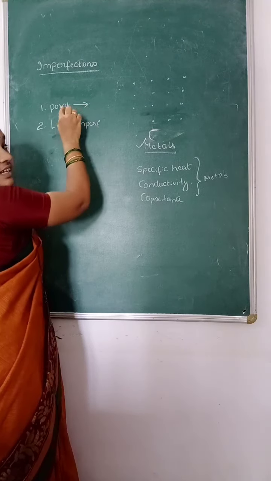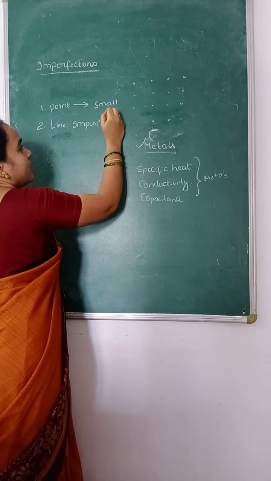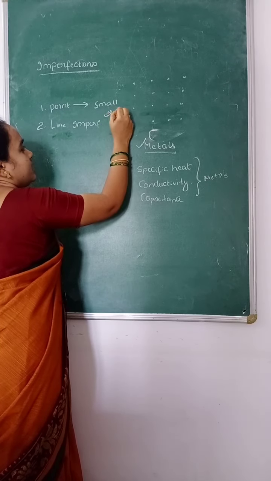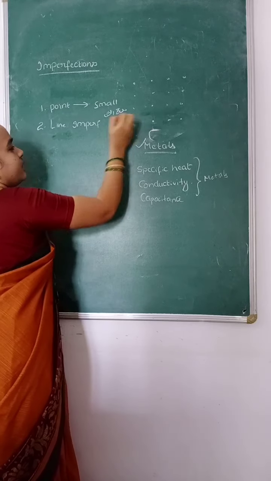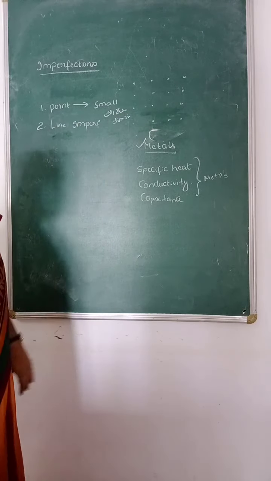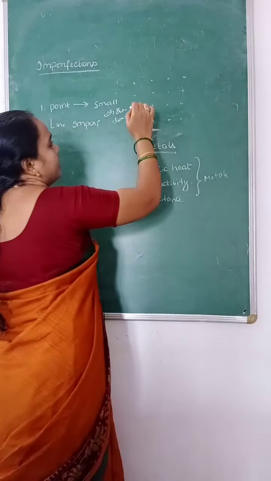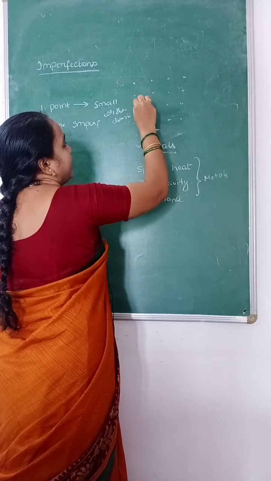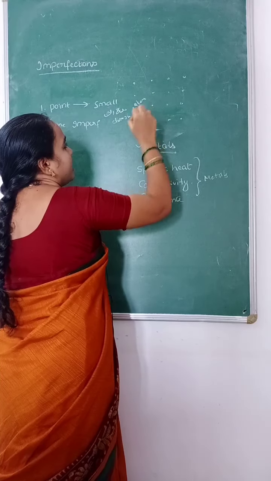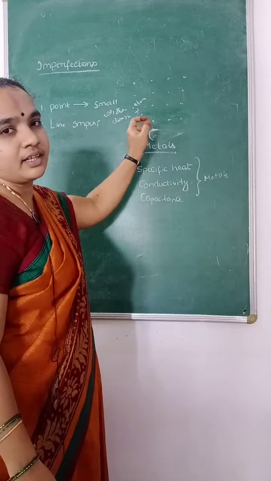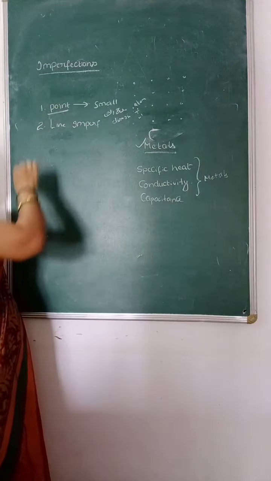The name itself indicates it is a point, a small imperfection, or zero dimensional. This arises due to the missing of an atom at a lattice point, or the missing of a positive ion or negative ion at a particular lattice point. These are called point imperfections.